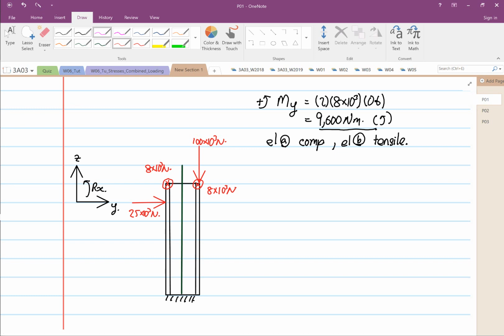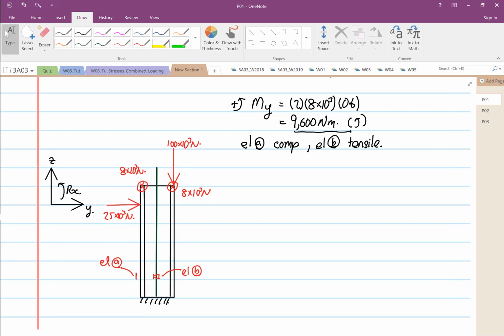Okay, then we draw our element. So over here will be our element B, and over here will be our element A. Okay, so we are going to look at Vy.